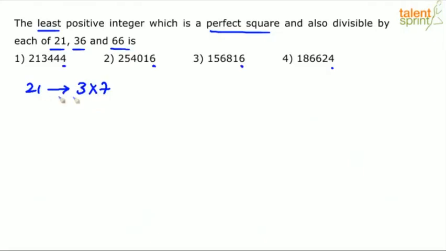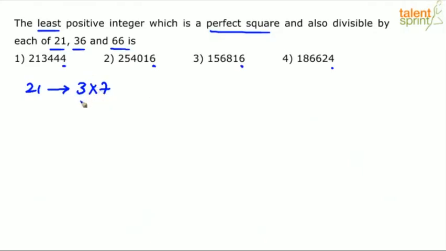We always factorize the number in such a way that the factors are co-primes. Now 3 and 7 are co-primes. You must know what co-primes are, right? Co-primes are those numbers for which the highest common factor is 1. So for 3 and 7, the highest common factor is 1. So a number is divisible by 21 if and only if it is divisible by 3 and divisible by 7.